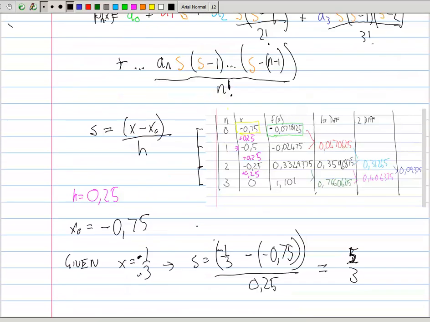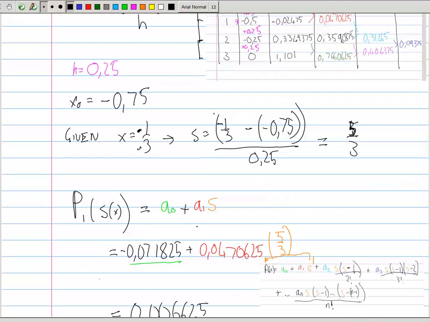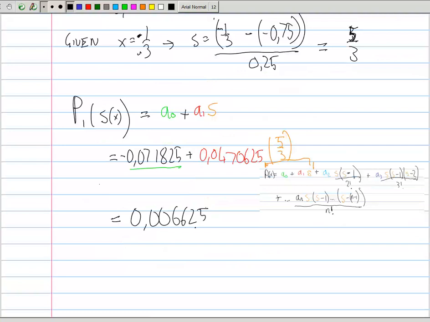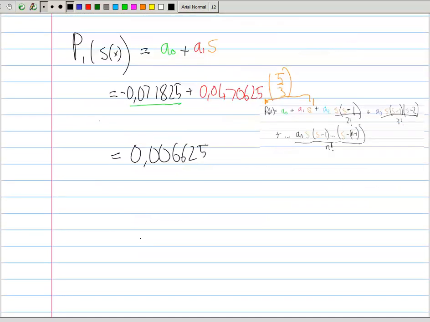Now we want to do our polynomial and our approximation for each of these. So when they want our polynomial, we can, in this case, indicate it in terms of s, because s is a function of x. And our polynomial 2 is going to be exactly the same principle.